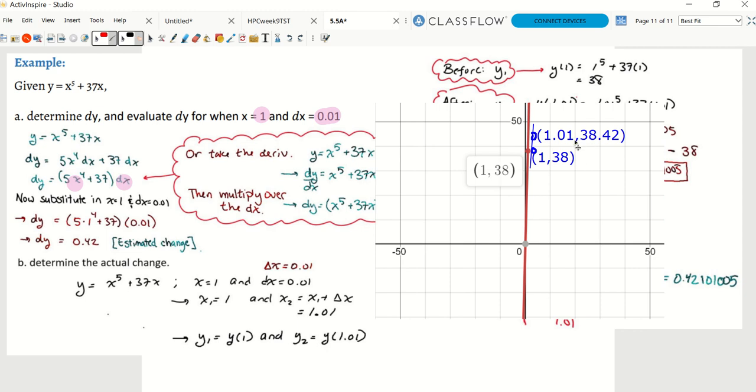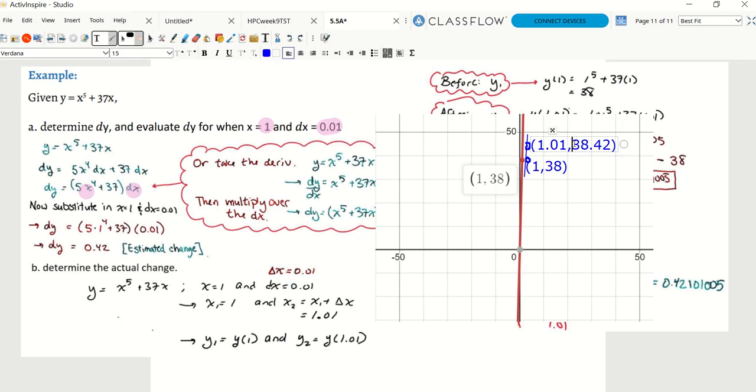So we can say that, based on this blue line, if we go 0.01 to the right, we are going to go 0.42 up, and we're going to get this point.